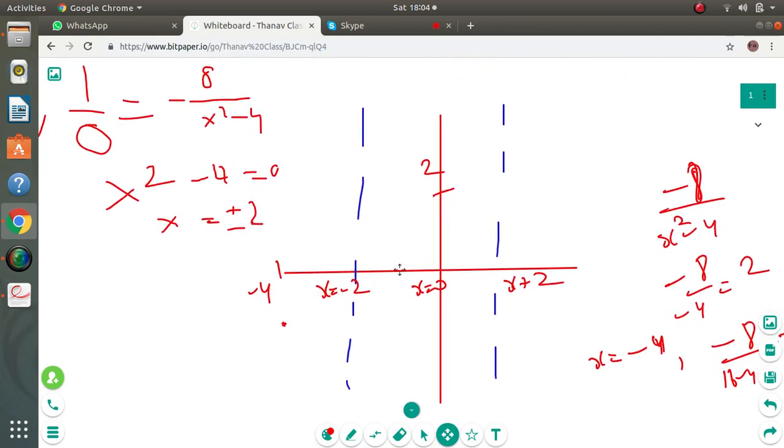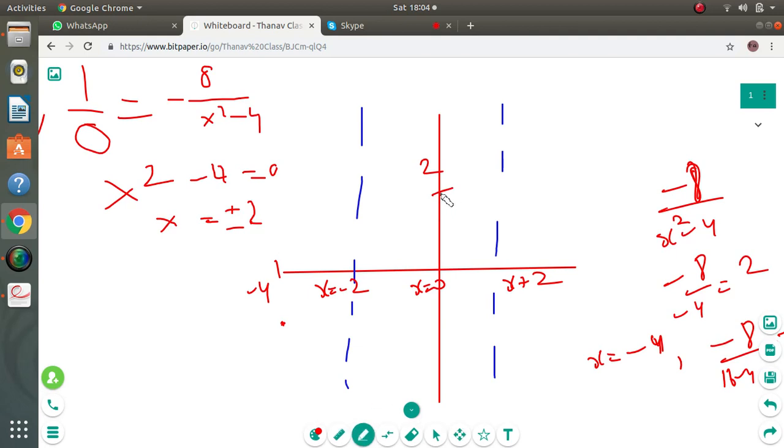So this is going like this here, and this here. And then it starts like this, and this. It is here plus infinity. So minus infinity here we have this one.